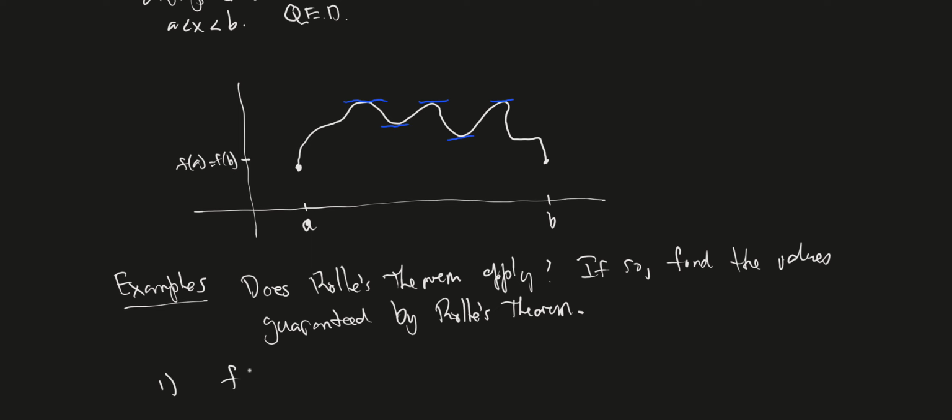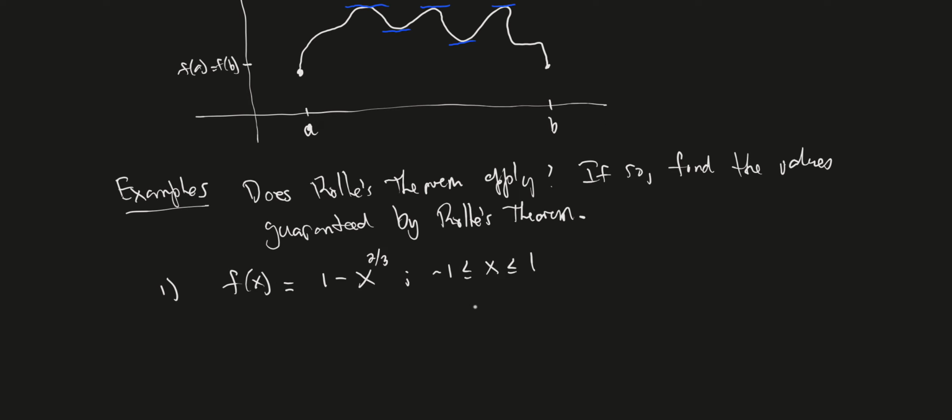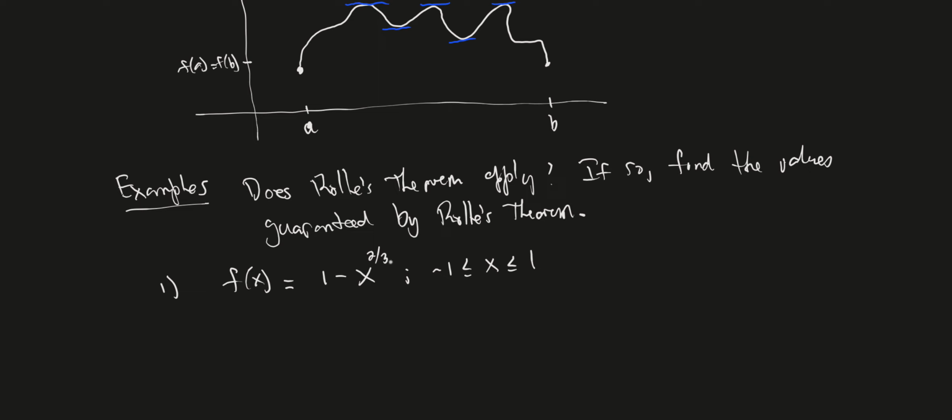All right, so let's get the first one. So here's our function, f of x, and it's equal to 1 minus x to the 2/3 power. And here's our interval, -1 to 1. All right. Well, let's think closely about this function.